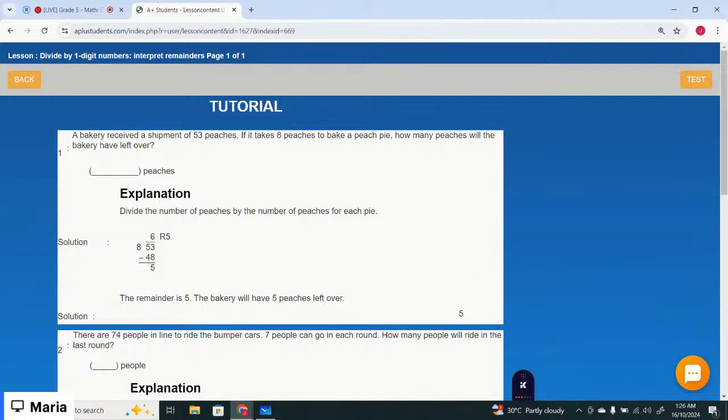Divide 53 by 8 because it takes 8 peaches to bake a peach pie. 8 times 6 is 48. You have 5 remainder, right? That means they can make 6 pies and they are left with 5 peaches, right?